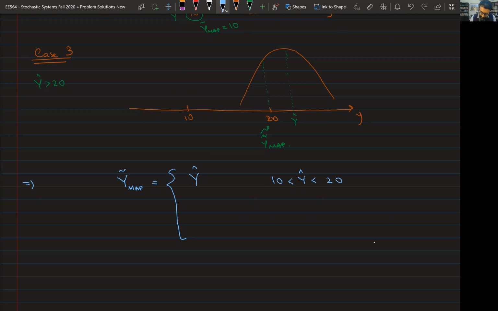The optimum is equal to 10 when y hat is less than 10, and equal to 20 when y hat is greater than 20. So this is what the solution is. Essentially what we've used is the properties of concave functions.